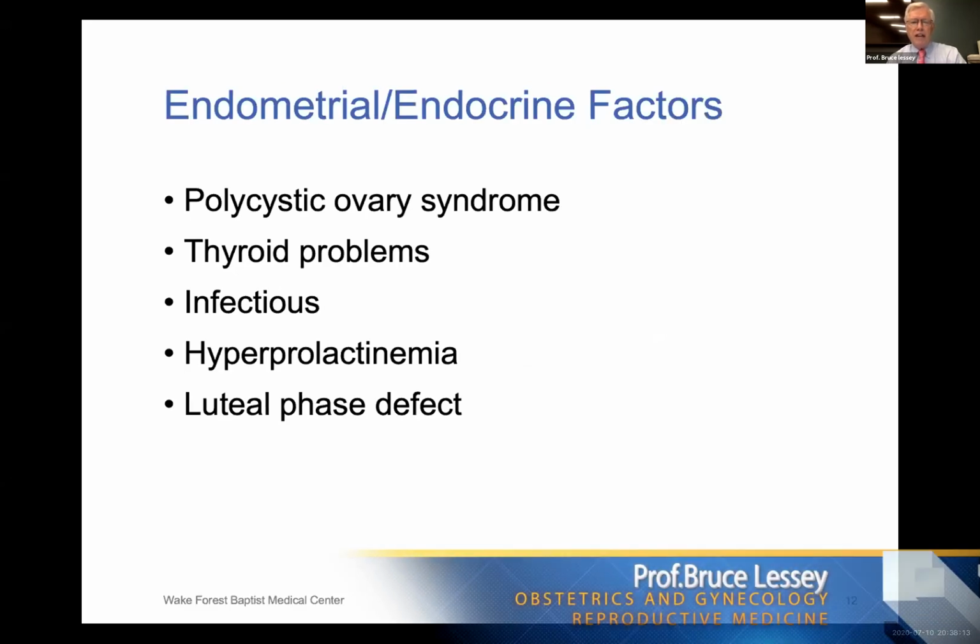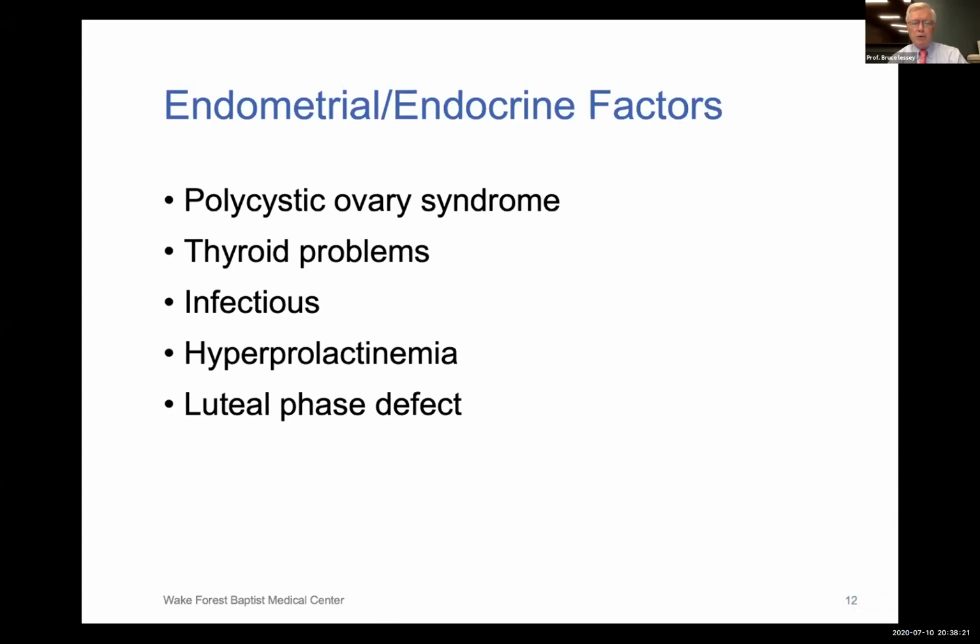The endometrial factors are also important. They can be influenced by polycystic ovarian syndrome, endometritis, and hyperprolactinemia, which can lead to luteal phase defect, and endometriosis has really been lagging behind in terms of the general population's appreciation of its effects.